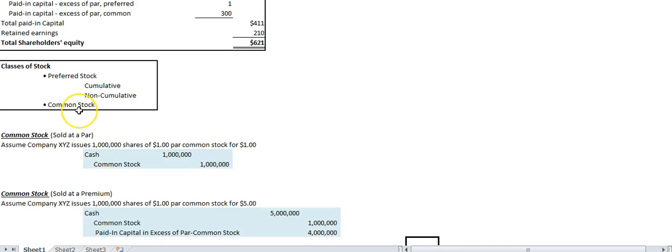The value of the common stock will shoot up, but the common stockholder is last in line as far as dividends go. Okay, so common stockholders get a share. The company does not have to pay them dividends. The company will pay dividends if and when they want to, and that's it.